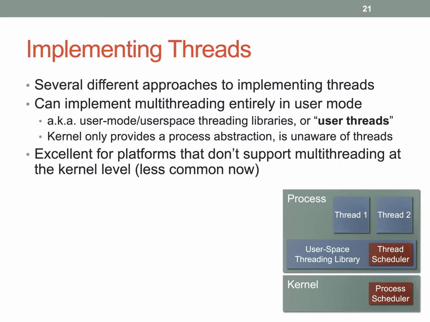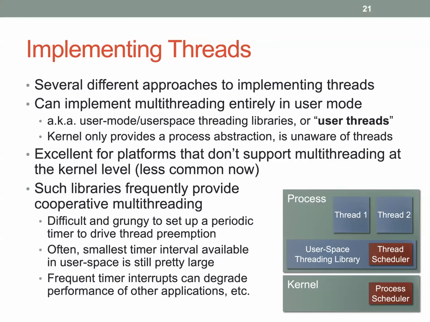And so this is useful when you have an OS that doesn't support kernel threading, which happens very rarely by now because it's a very common thing to provide in an OS now.